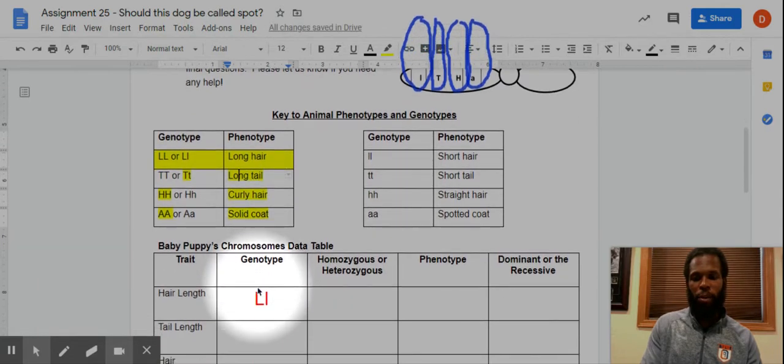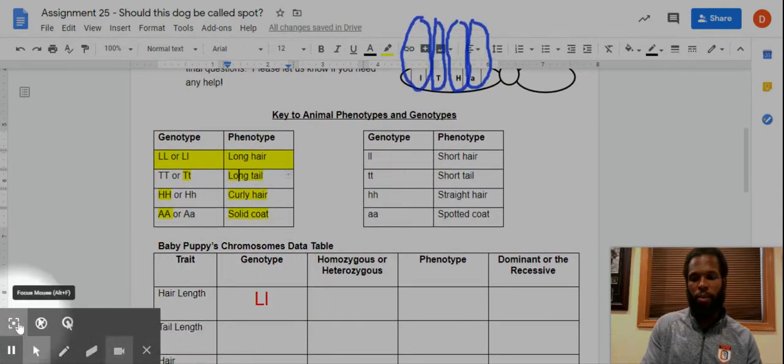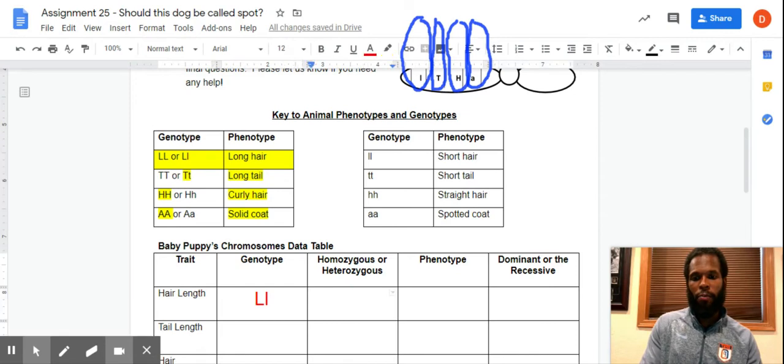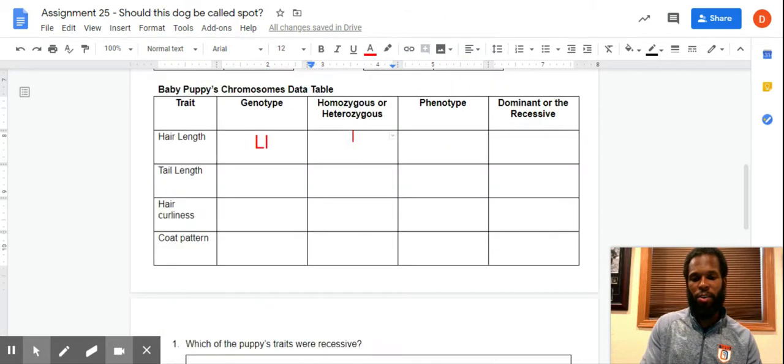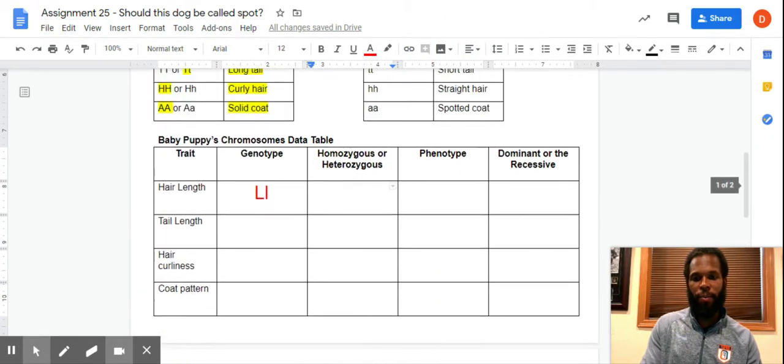Let's fill out our chart below here. So the first one was for the hair length. We had big L, little l, which we highlighted, and that's long hair. Are these letters the same or are they different? All right. So they're different. That's going to be heterozygous, which means they're different.